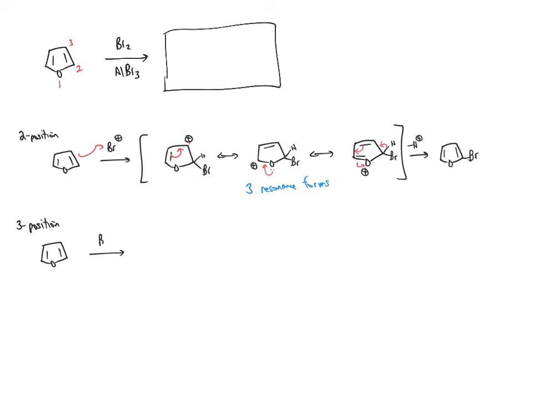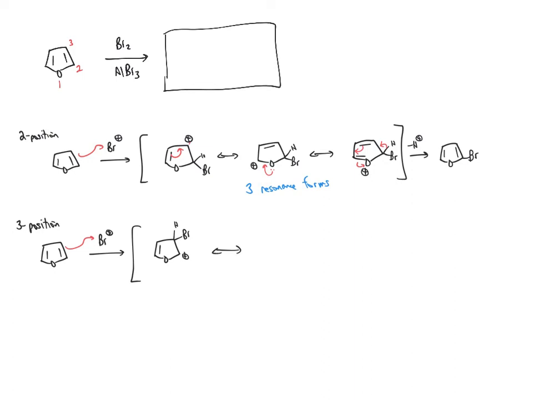Right, so again, I'm going to skip ahead to formation of that sigma complex. I substitute at the 3 position. I'm going to get a resonance form in which I've got positive charge there.